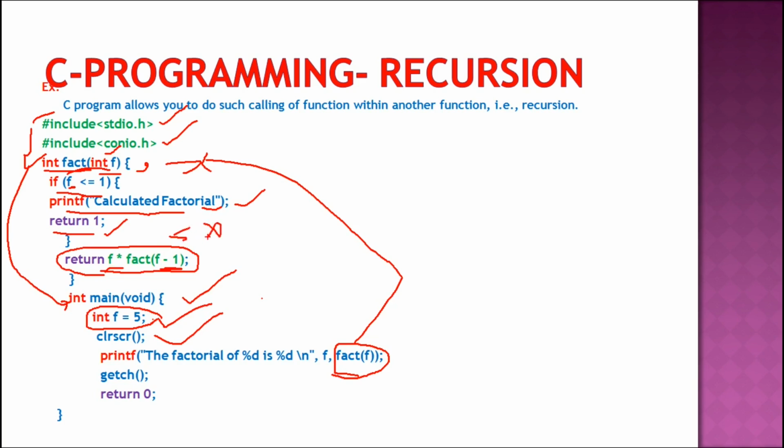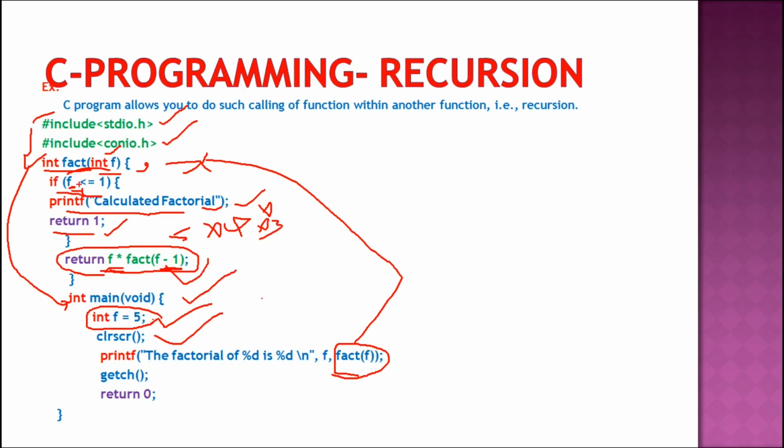After that it again decreases to 4, which is not less than or equal to 1, so again the factorial we have executed, that 5 into 4 into 3 will be multiplied, and one value is decreased here, f minus 1, again that 3, so here 3 is not less than or equal to 1.